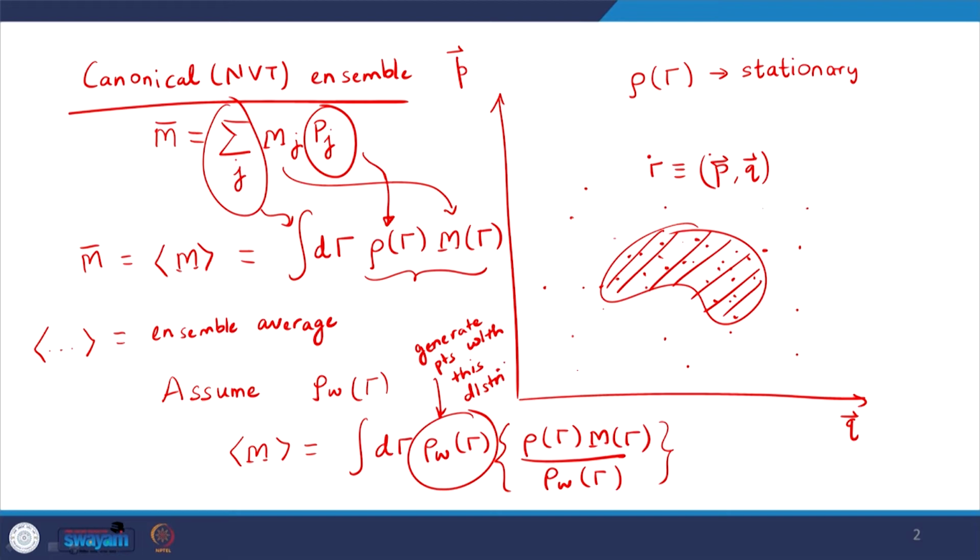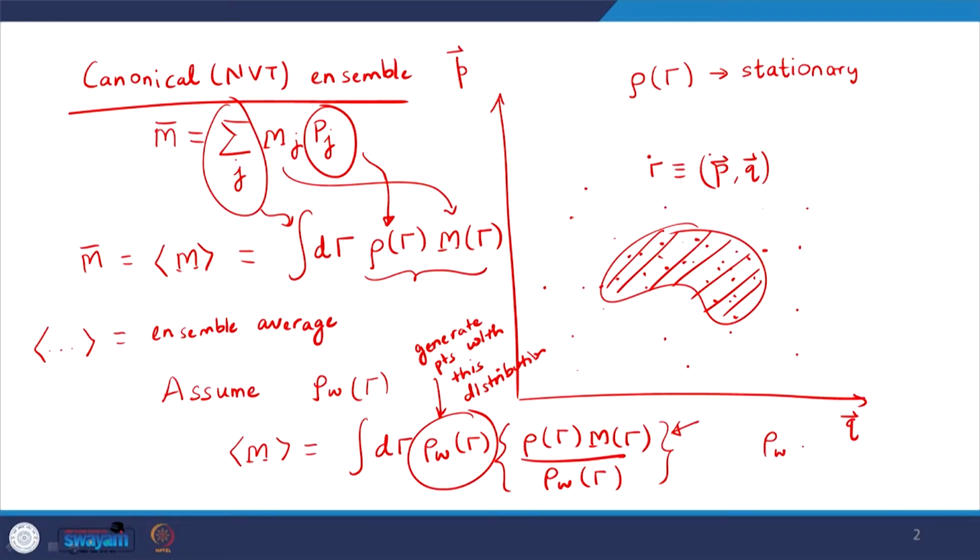It is not going to be a uniform distribution. We generate points using this distribution, compute the quantity under the curly brackets, and by taking an average of that quantity, given that the points have been generated using rho_w(gamma), we get the average value for the property of interest.